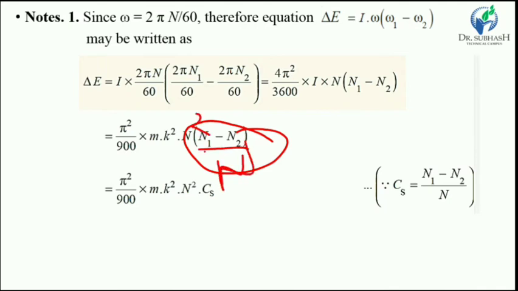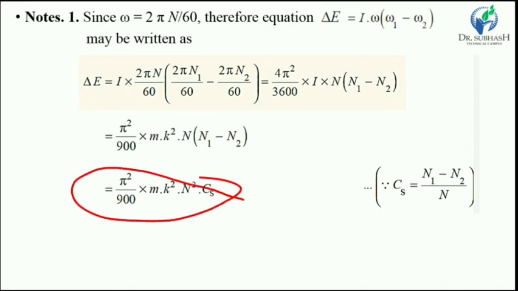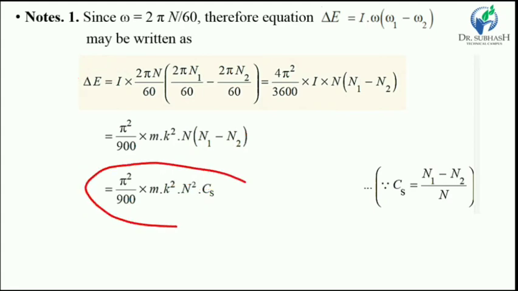So m k square N square into CS into pi square upon 900. This is the equation of delta E. This equation is too easy for the calculation. If we directly use this, then the calculation is a little bit easy. So in numericals we directly use this equation for the fluctuation of energy of a flywheel.